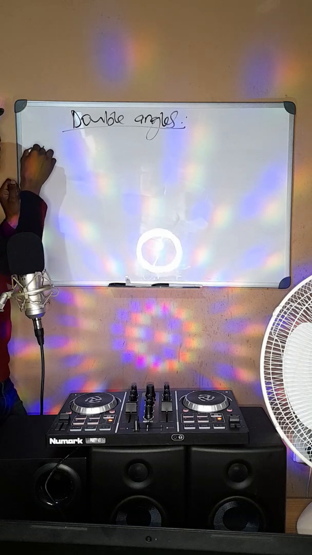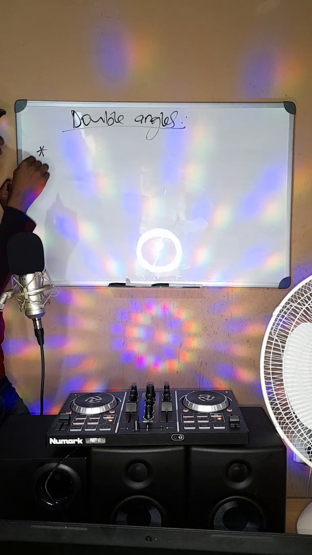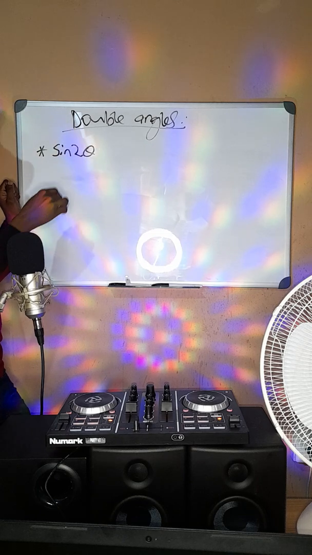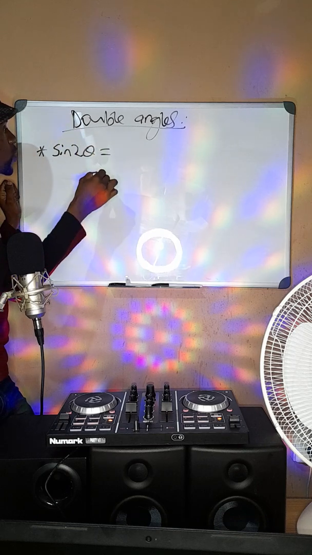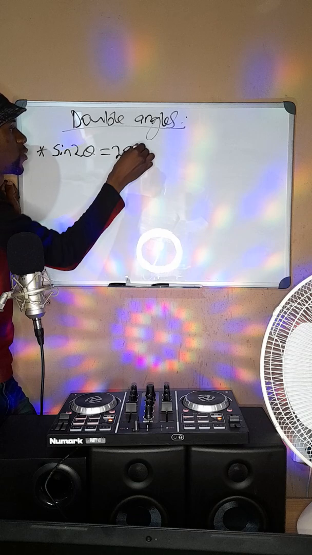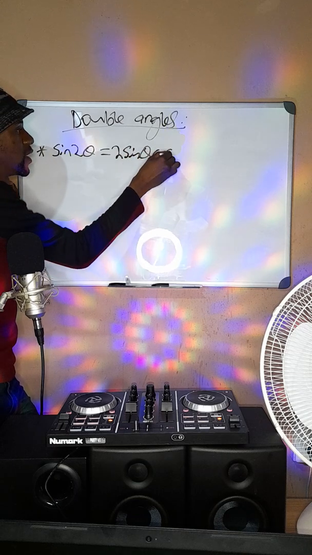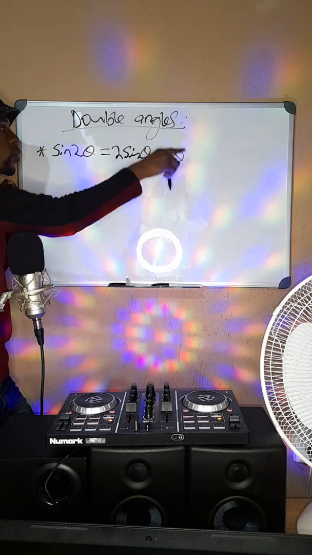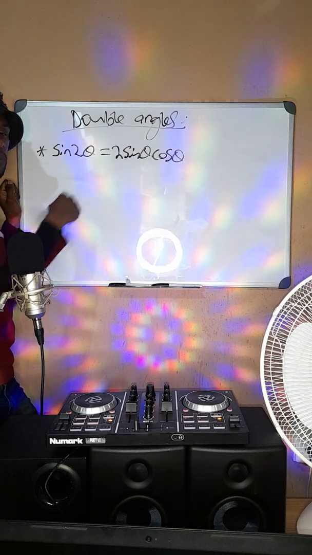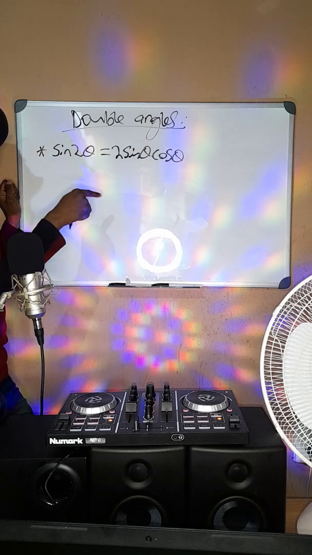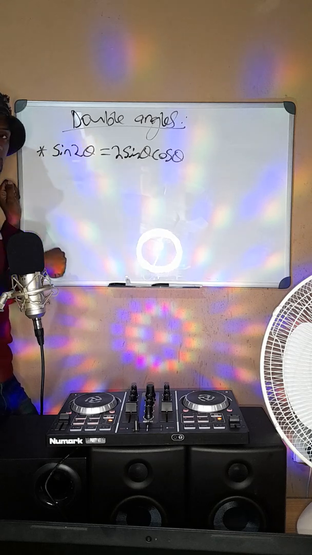With the double angles there, we are having the first one there as the sine of the double angle there. Obviously, double dimension 2, okay? When you expand this one, you're going to end up having the 2 sine of theta multiplying the cos of theta there, okay? If you are interested in how they arrived at this one, you can do a separate video whereby we explain how it is possible that this one equals that one, okay?